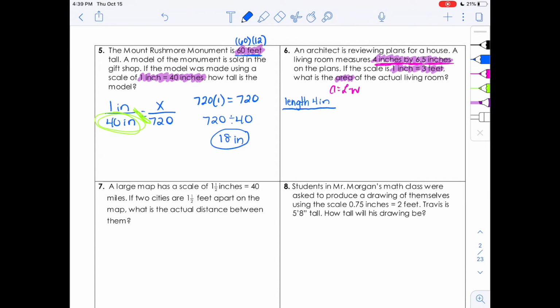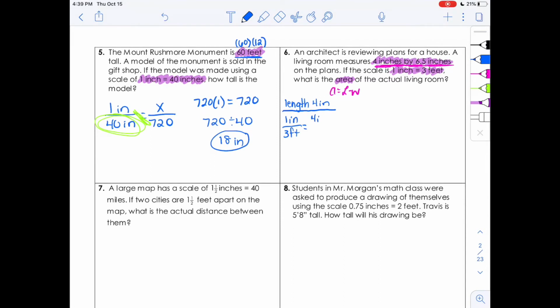So using this scale, 1 inch to 3 feet, and the fact that it's 4 inches over x, cross multiply and divide. 4 times 3 is 12. 12 divided by 1 tells us that our actual length is 12 feet. So we're going to use this in a minute to help us find our area.